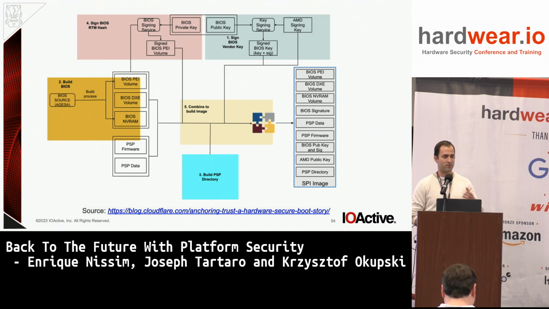It's going to have pointers to various components of the PSP, to the PEI volume, to the BIOS signing key, and also, for example, entries for the PSB ROM Armor. So it's basically like a table of contents for different kinds of data structures in this file. Then in the fourth step, you sign the PEI volume, and in the fifth step, you combine it all together and turn it into one image.